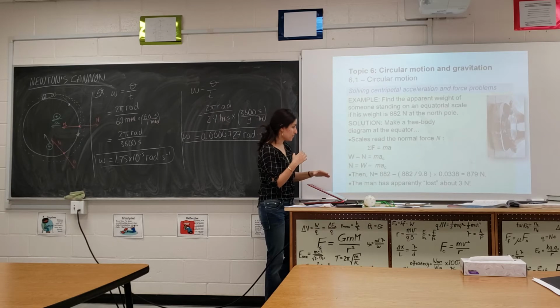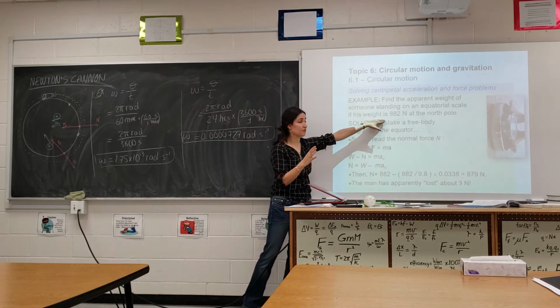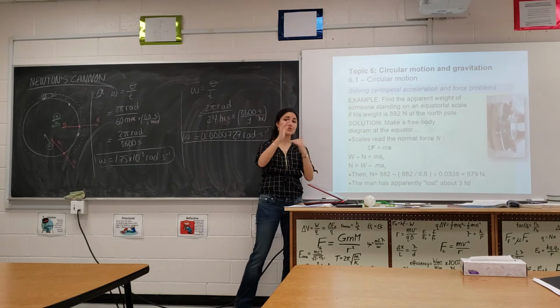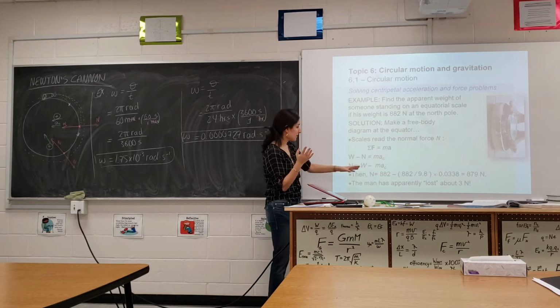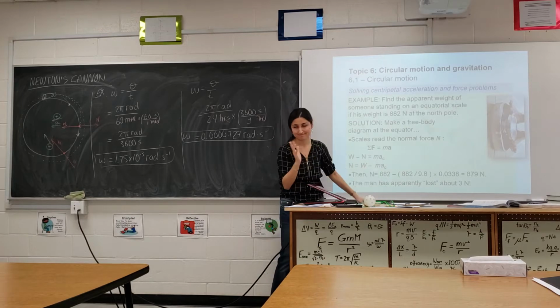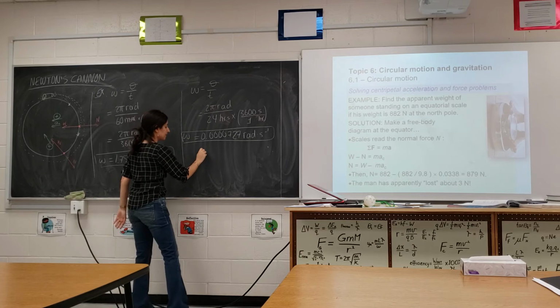N is equal to w minus m a_c. Now, weight: I was already told that the person's weight is 882 newtons. But I know that that weight can fluctuate depending on where you are. And since I'm at the equator, I have to subtract m a_c. Now, how do you find the mass? If you're wondering where this next line is coming from, we're using this formula.